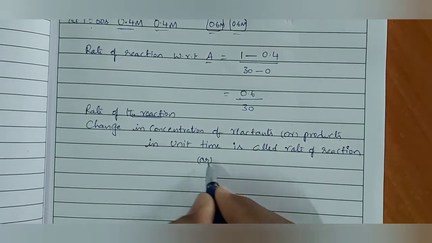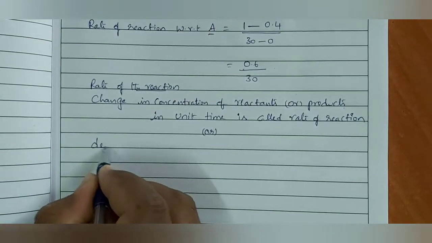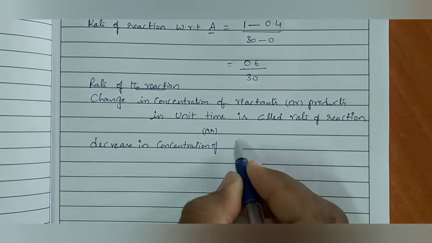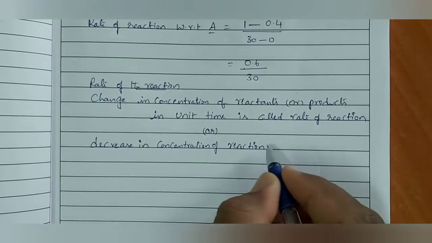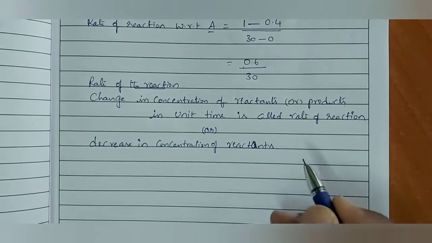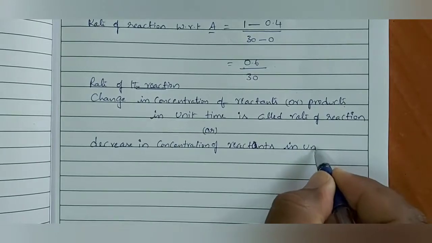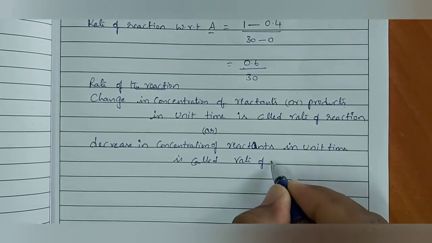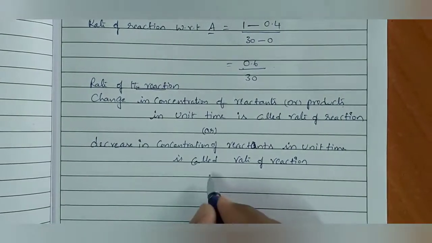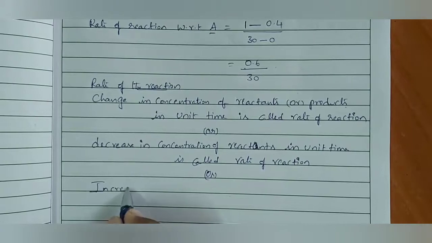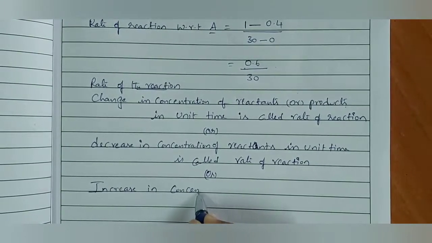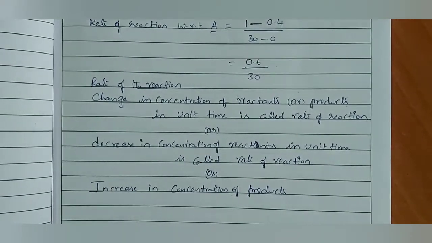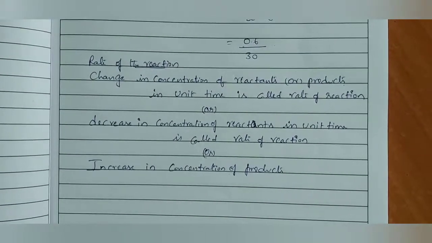With respect to reactants, we can write: decrease in concentration of reactants in unit time is called rate of reaction, or increase in concentration of products in unit time is called rate of the reaction.